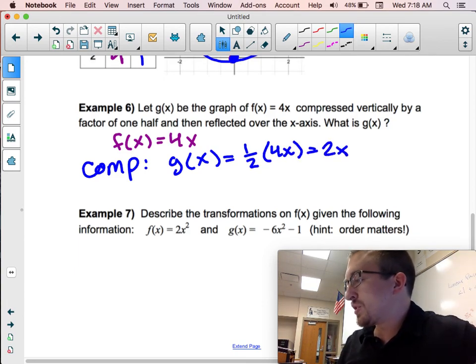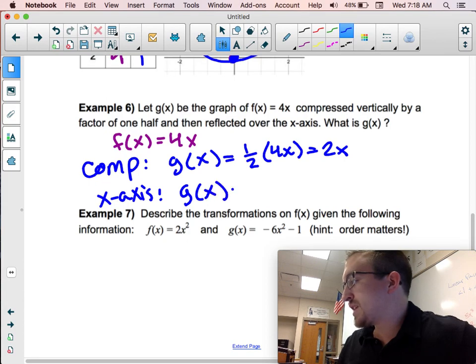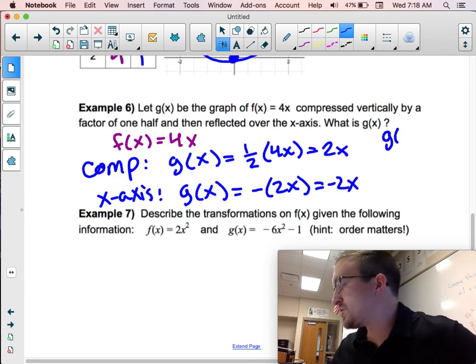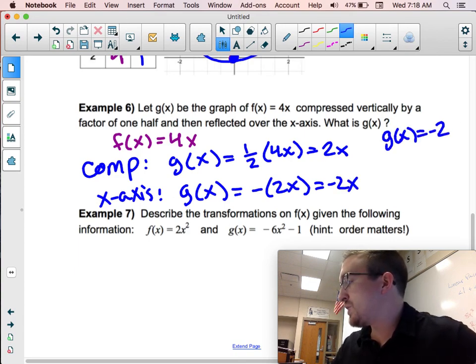Then let me do a reflection over the x-axis. I take that 2x and over the x-axis, I just put a negative sign out in front, and that's equal to negative 2x. So our final answer is g of x equals negative 2x.